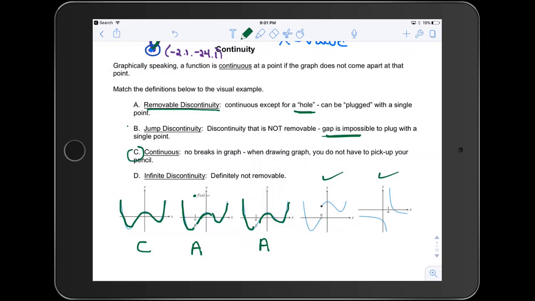It means that it's definitely not removable. Let me just say this: any of your hyperbolas has an infinite discontinuity. This one, notice it's coming down, and it doesn't have just a point missing, but a chunk missing, and then it comes up here. That's an example of that jump discontinuity. Now there's an infinite number of points in this space, but it's not an infinite space that's missing.